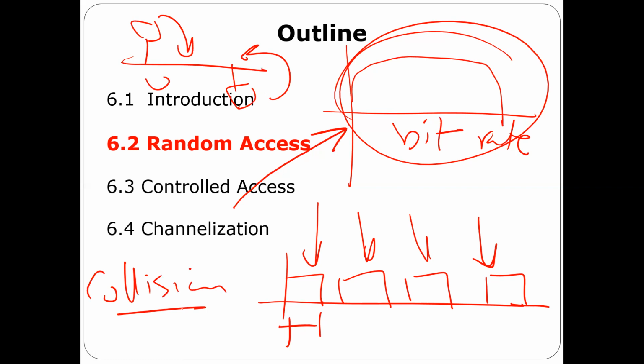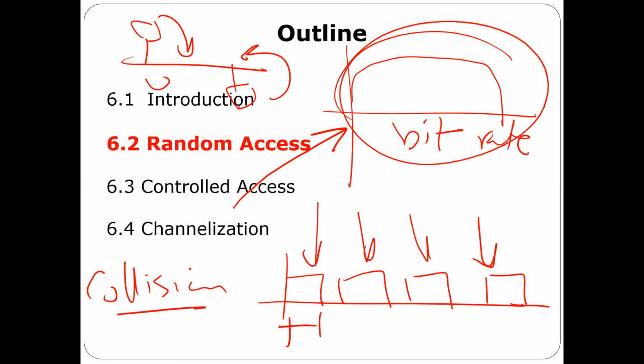Don't be confused. Multiple transmissions are okay in the first approach, because there is no collision when we use different frequencies. But here, when more than one computer transmits at the same time using the same frequency band, a collision happens.